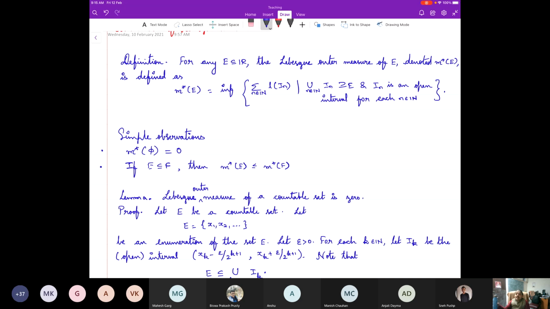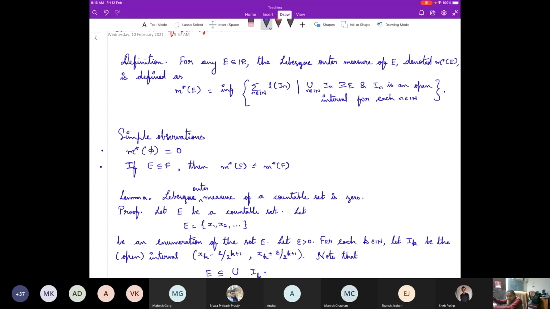But when you want to generalize the concept of length, what is it that we wanted? We wanted something which makes sense for all subsets. But on the interval, what do you expect? The measure of an interval should be the length of the interval.